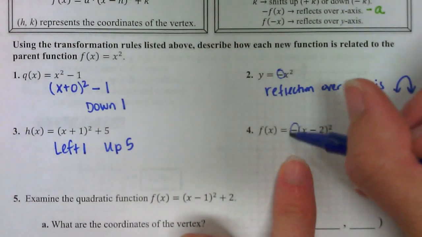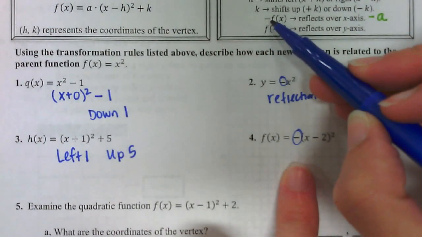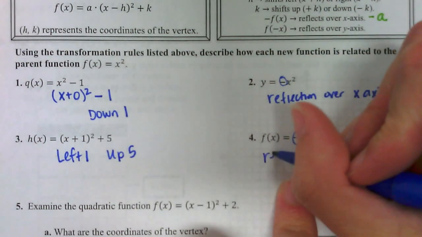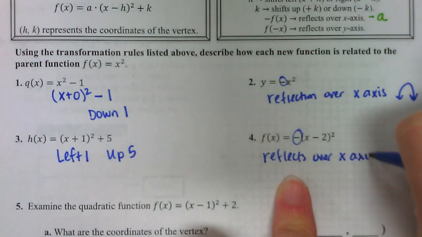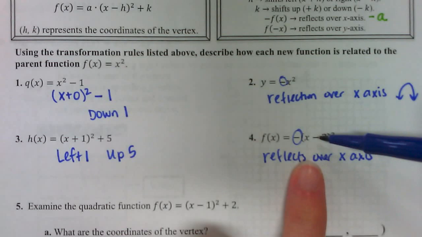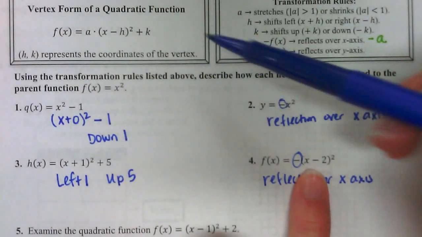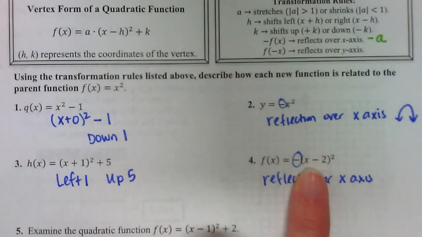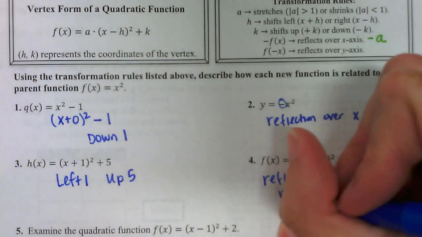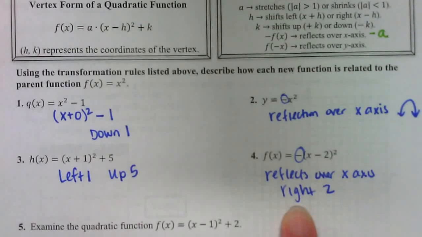This negative is out in front, so it's like this one. It reflects. And then this says -2, and the -2 is inside, like the h. So when it says x minus 2, it goes right. So right 2.